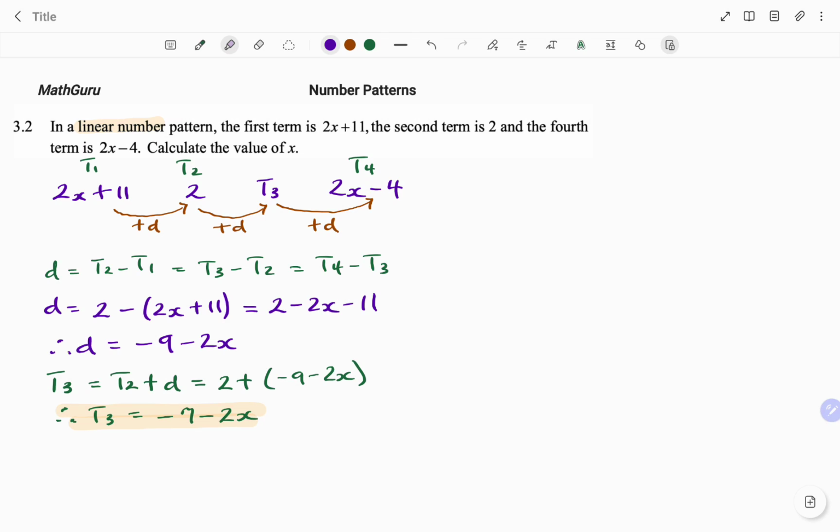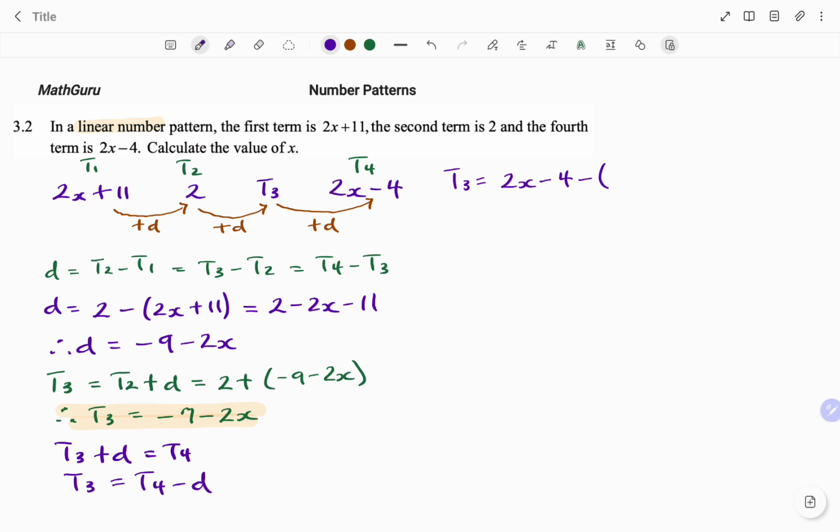To get the second value of t3, t3 plus d will give me t4. That's the next term. So therefore, from here, t3 is equal to t4 minus my common difference. In order to get that, I have t3 equals my t4, which is 2x minus 4, then minus my common difference.